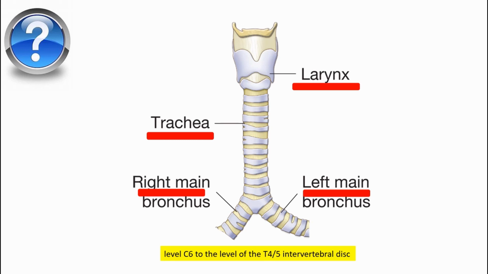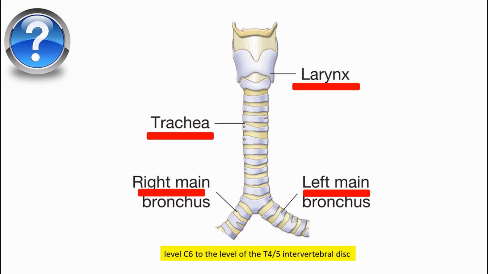The trachea is also called the windpipe, and part of it is in the neck and part of it is in the thorax, in the superior mediastinum. We will look into these details in a few slides that are coming. Now, the trachea starts at the level of C6 and goes down to the level of the disc between T4 and T5.